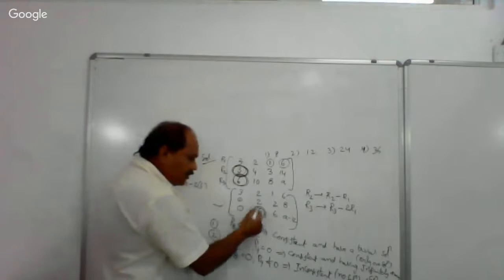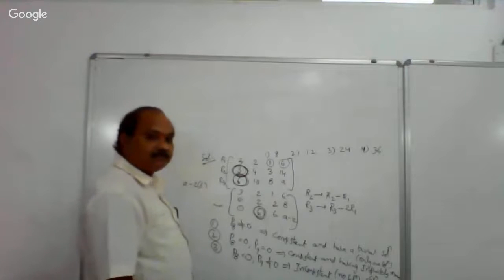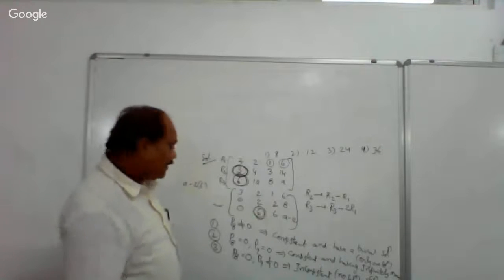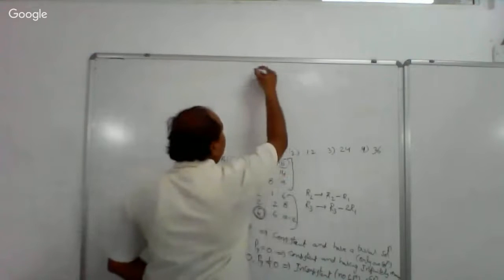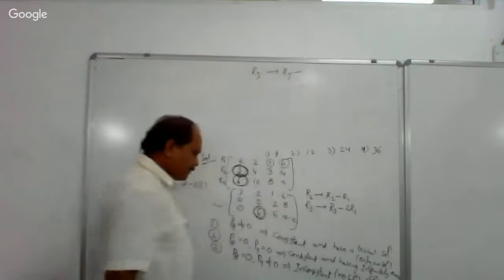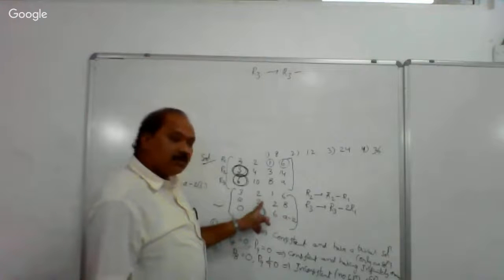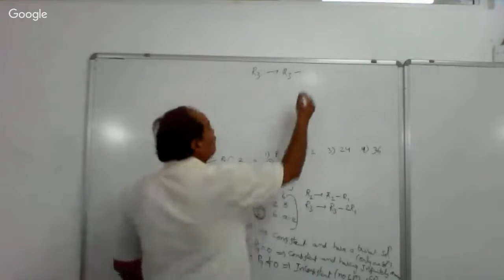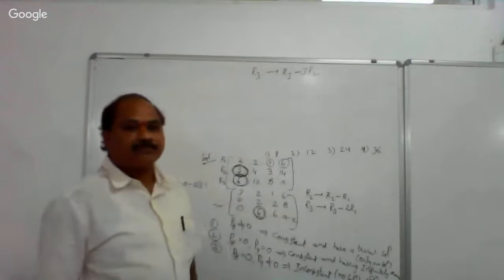That's why to make 0 here, you should use R2, means R3 minus 3R2.